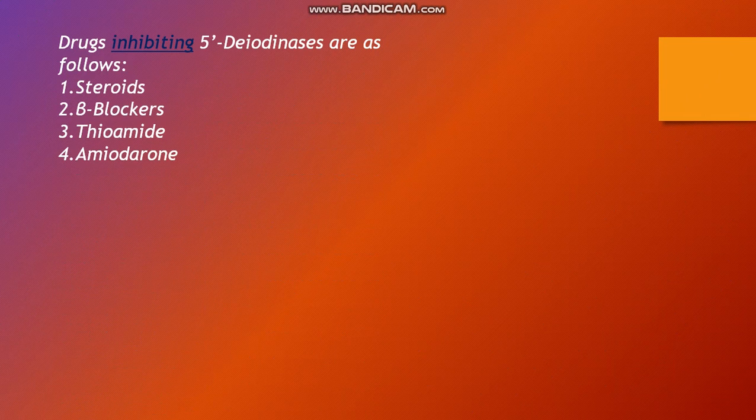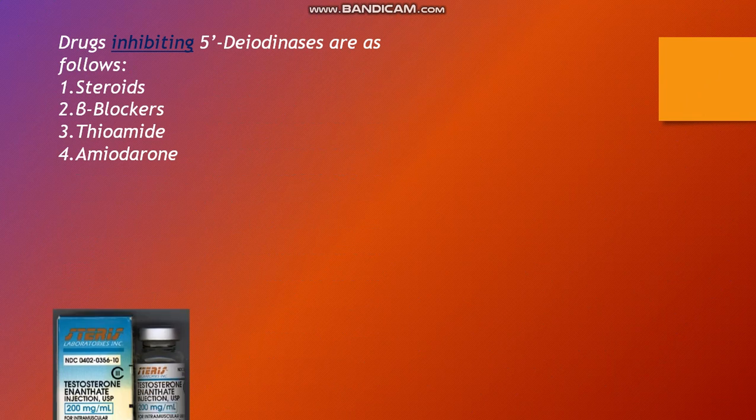Drugs that inhibit the deiodinases are as follows: steroids, beta blockers, thionamide, and amiodarone.